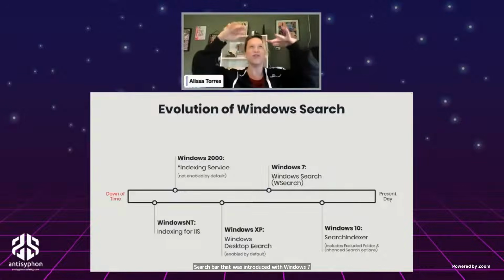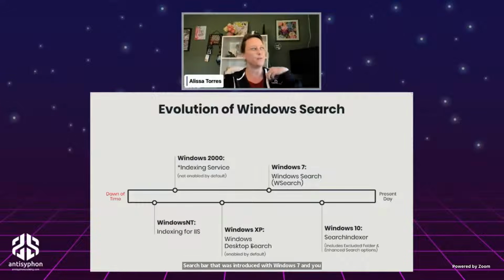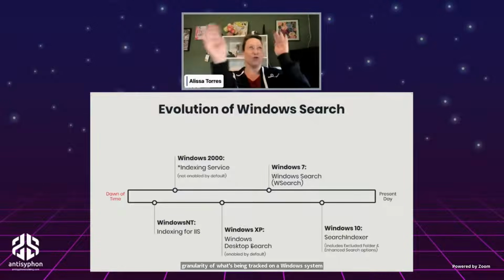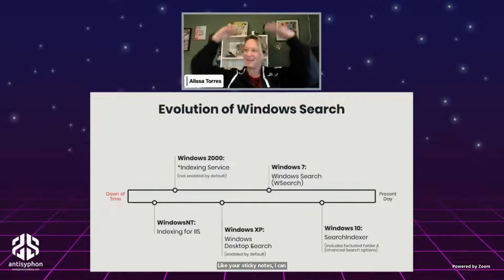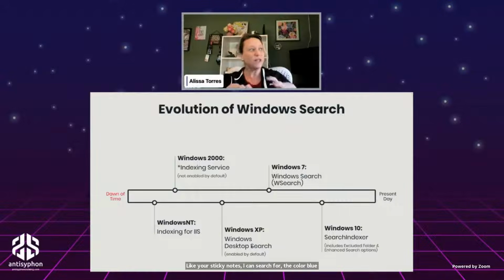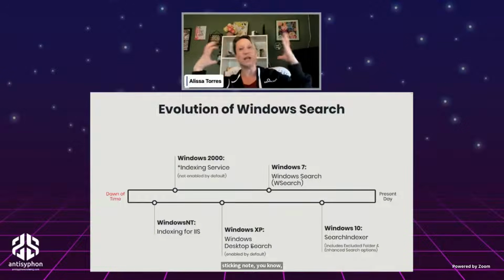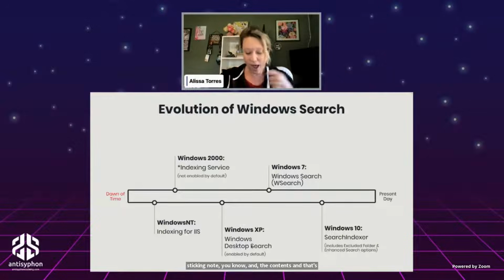You really got insight into the granularity of what's being tracked on a Windows system. Like, your sticky notes, I can search for the color blue sticky note, and the contents. And that's really when the search indexer started to explode and grab granular details. More on that.